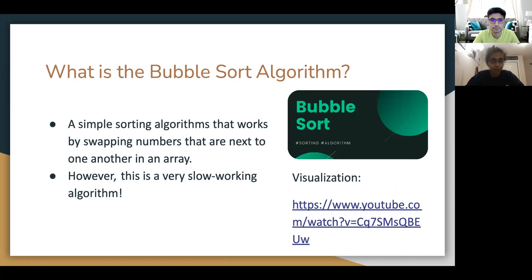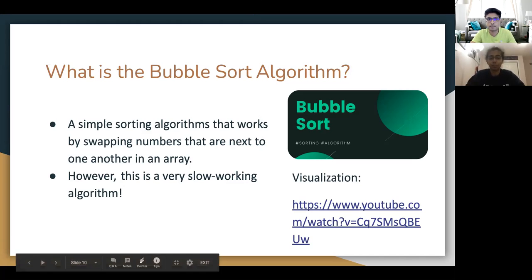All right, so what specifically bubble sort does and how it's different from other sorts, let's look at this video first, and then we'll explain what it does to make it easier.